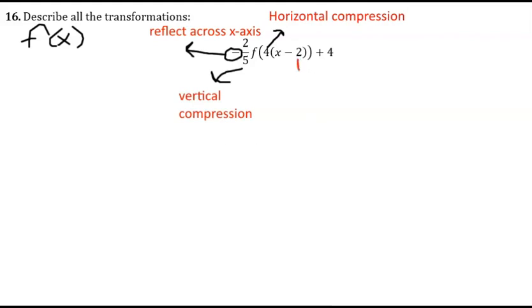The negative 2 on the very inside is going to the right 2. And then the plus 4 on the outside is up 4.